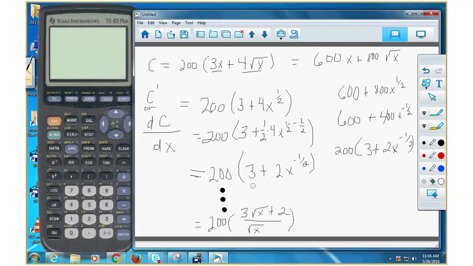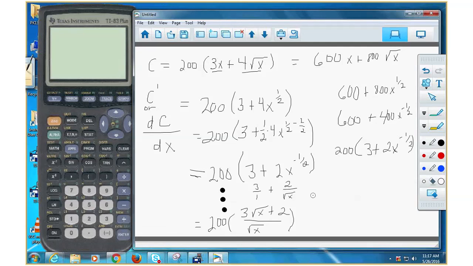Yes, ma'am. Can you show us how you got to 3 square root of x plus 2? Yeah, that'd be 3 over 1 plus 2 over what? The square root of what? X. Now what do you get? Well, to add fractions, you got to have a what? Common denominators. Common denominator is square root of x.